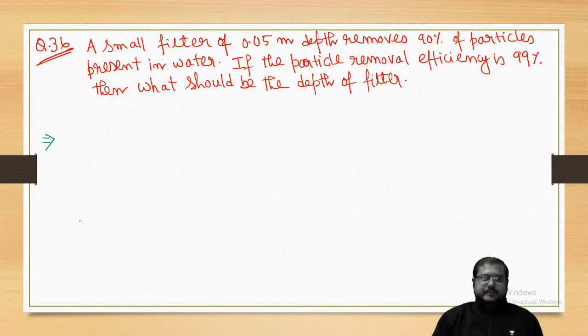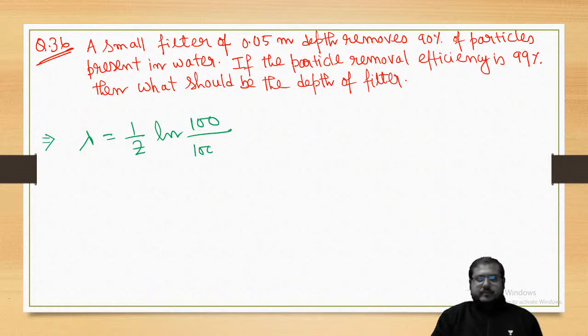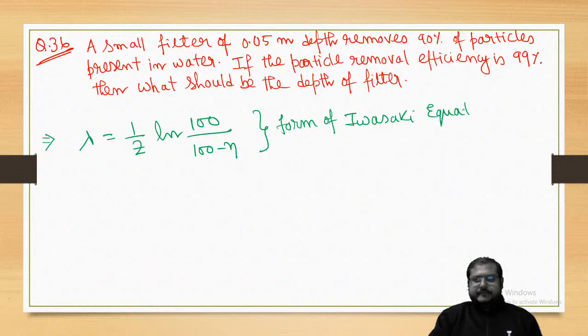Let's solve the question. We know lambda is equal to 1 by z ln 100 by (100 minus eta). That is actually a form of the equation, if you remember, and your lambda is constant.